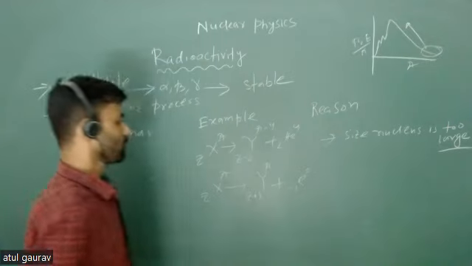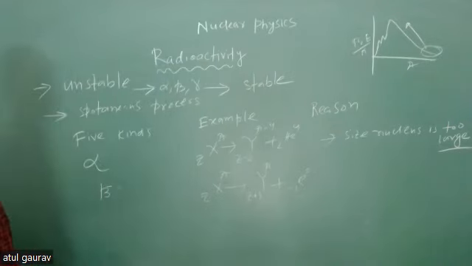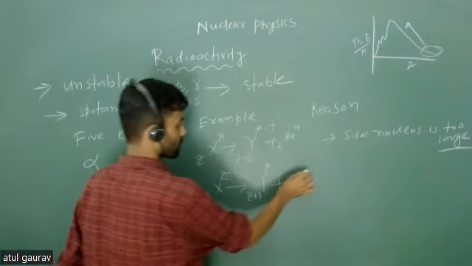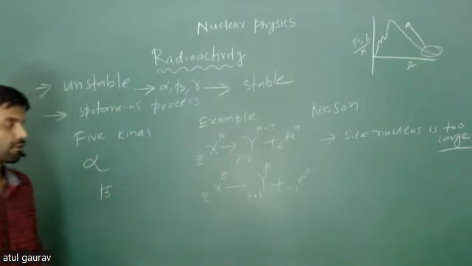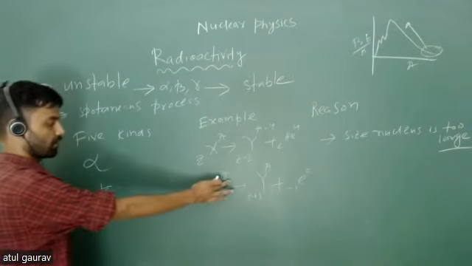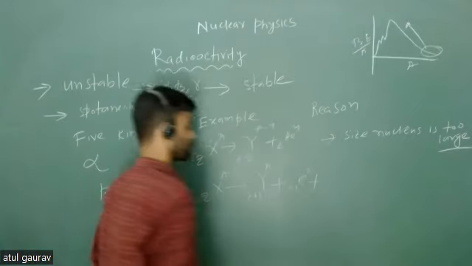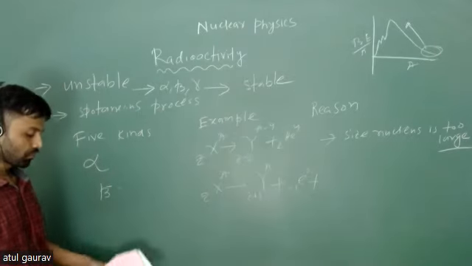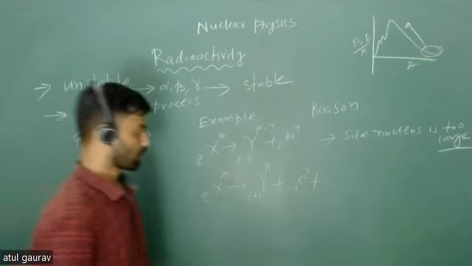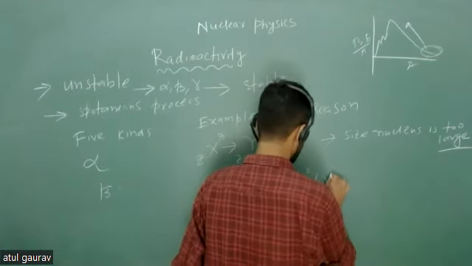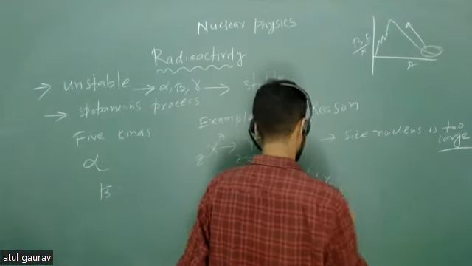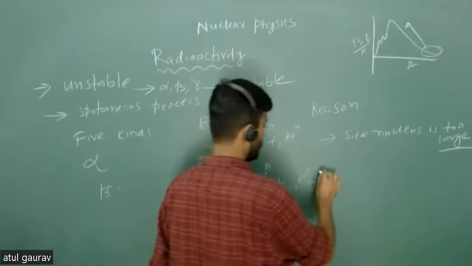What is the meaning of 0? Positron, no, electron. See, this is mass number, right? This mass number will be 0. Then there will be another particle. What will that be? Neutrino. Is it neutrino? Anti-neutrino. Anti-electron neutrino.